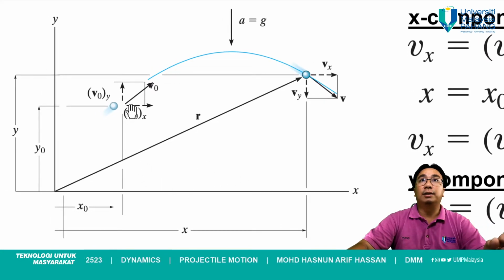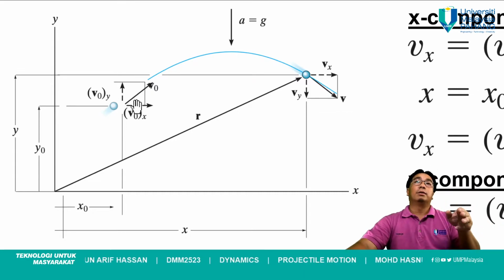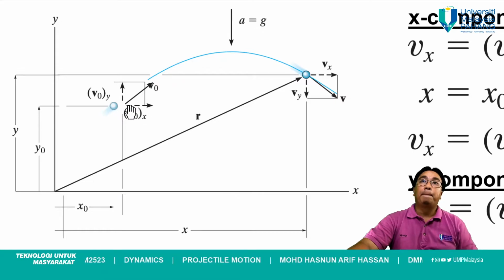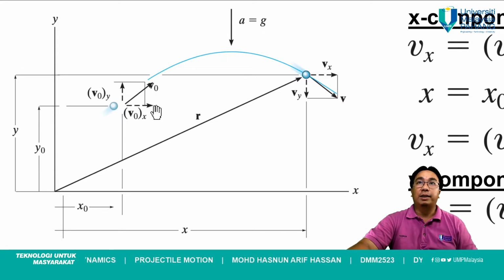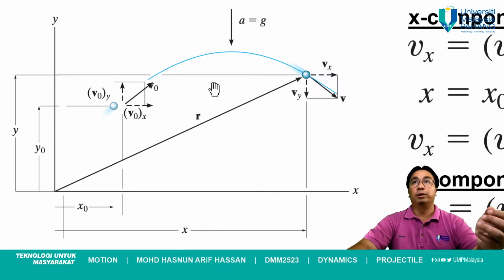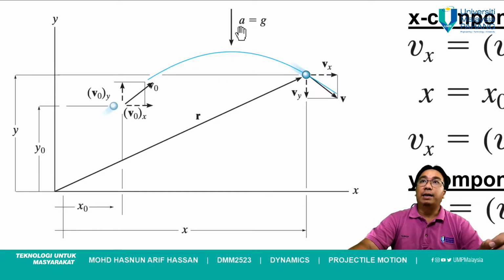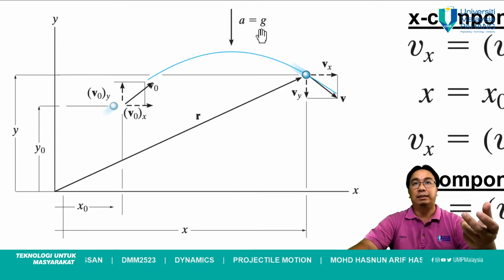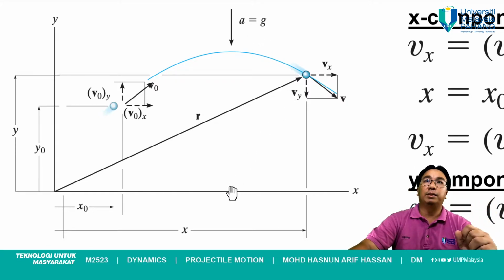Projectile motion ni ialah kalau kita bermula dari sini, okay, you tengok V naught dia, V naught ialah ke arah sini, iaitu tangent to the trajectory ni, to the path. Okay, and then V naught ni kita boleh pecahkan kepada V naught X dan V naught Y. Dia akan ada dua komponen. Dan remember, acceleration constant is always equal to G, which is negative 9.81 meter per second square.